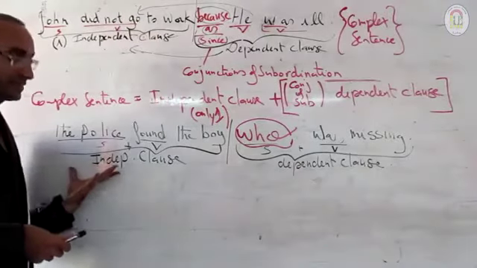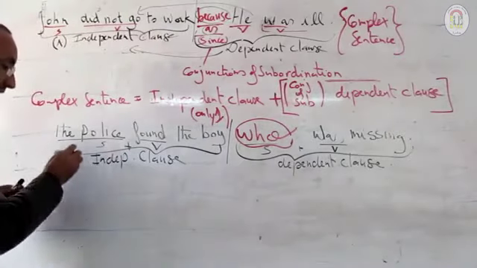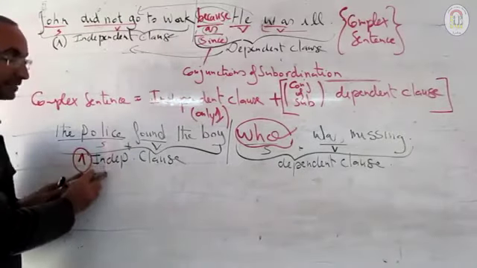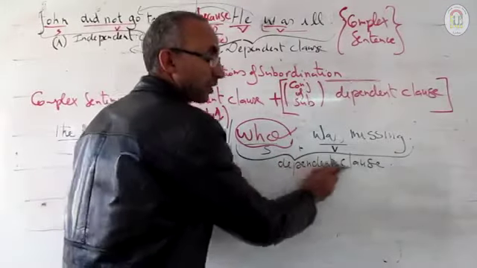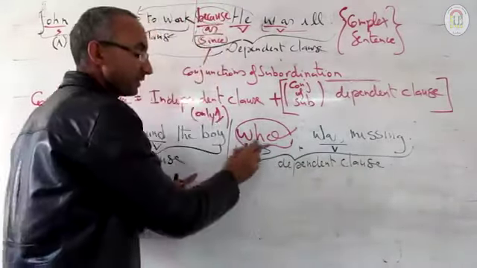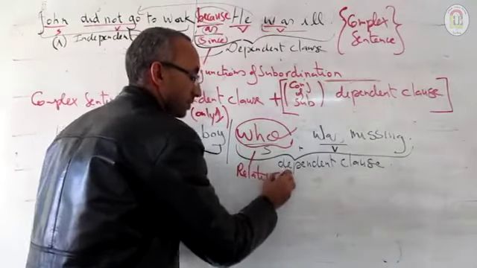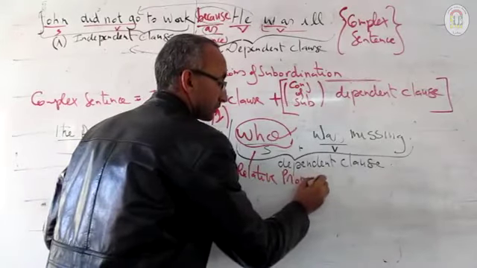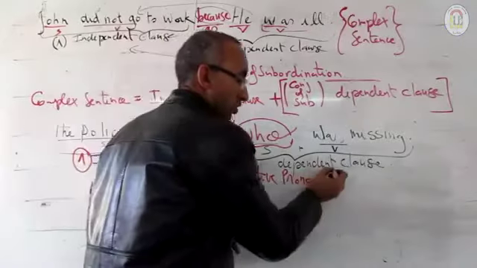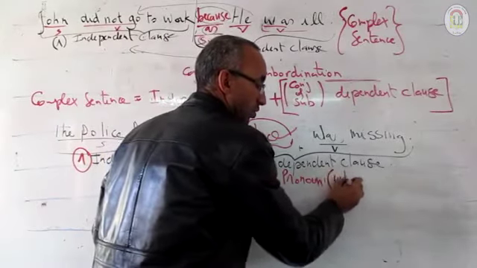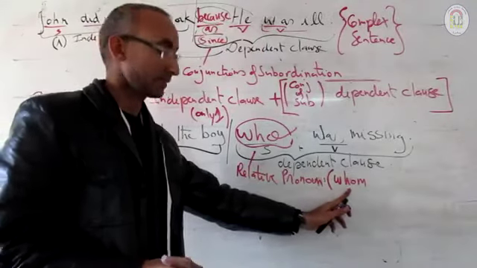So, in this sentence, I have always one independent clause joined to another dependent clause by means of a relative pronoun. Who, or whom, for persons as object.